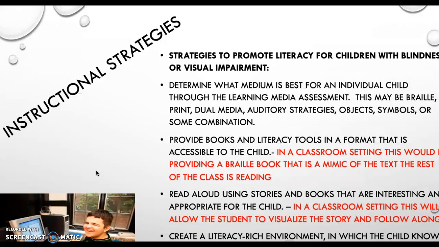So in the classroom, if I had blind students, I would have the materials to give my blind students the same thing, like a Braille book that would mimic the regular textbook used in the classroom. And then I also chose the read aloud, using stories and books that are interesting and appropriate for the child. In a classroom, that would look like the teacher reading aloud and all of the children being able to visualize and follow along.